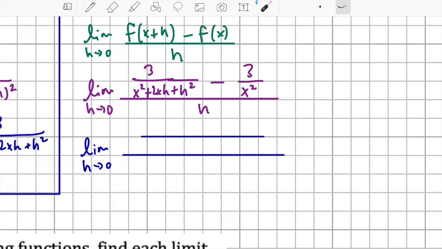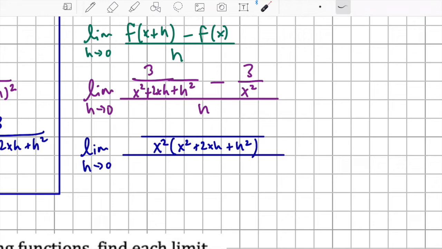And the common denominator, just like I taught you, is this denominator times this denominator. But don't distribute, just leave it in parentheses. So I'm going to put x squared first, then parentheses, x squared plus 2xh plus h squared.